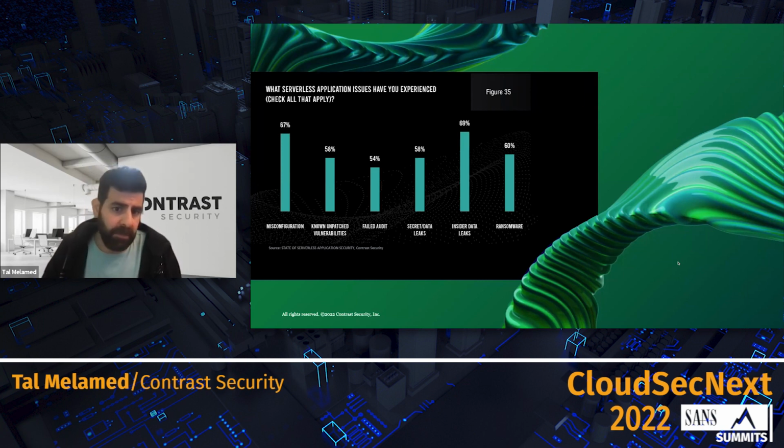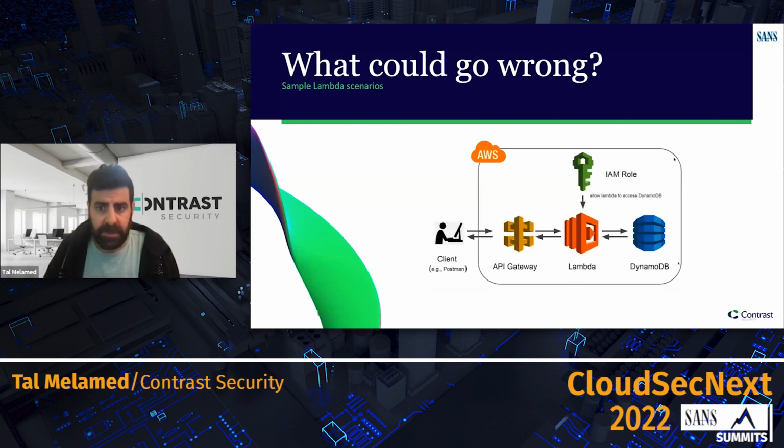You can see that most of the issues here have a relatively similar amount of responses, but misconfigurations and insider data leaks are the most. Misconfiguration in AWS Lambda is something that we will discuss soon.